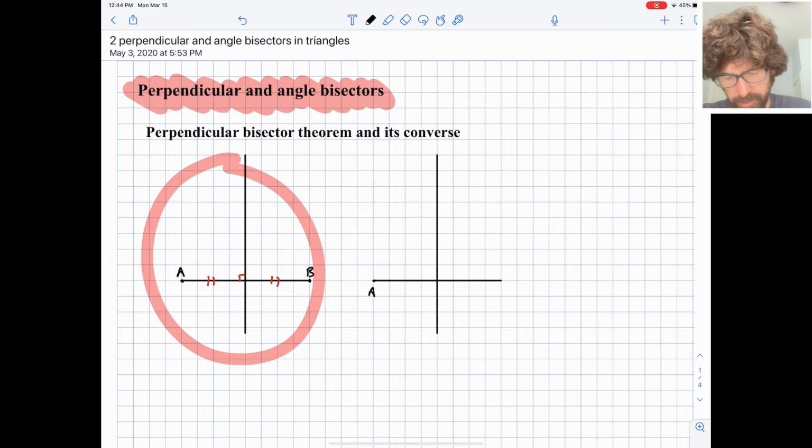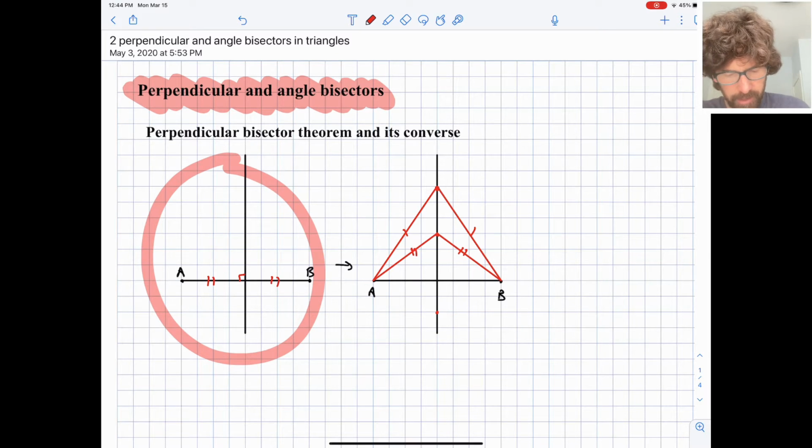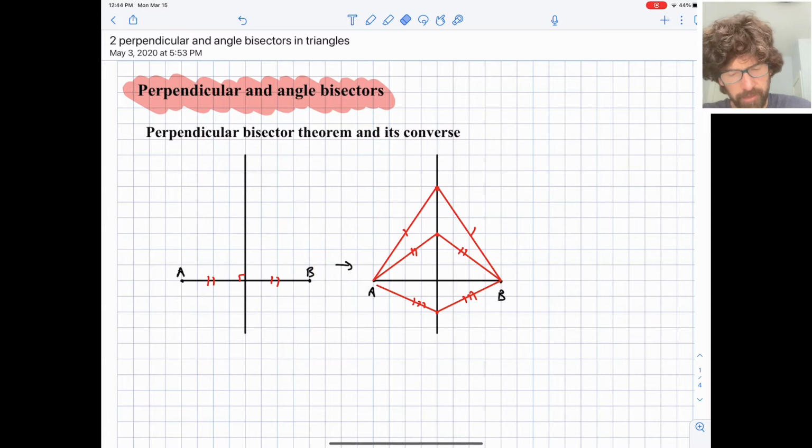If we know that is true, then we can conclude that every point on that line, wherever we happen to draw our points, would be equidistant to A and B. This feels intuitive because of the symmetry associated with a perpendicular bisector, but you get a pretty useful result here. Any point we choose along that vertical line is going to be equidistant to the endpoints of that line segment.